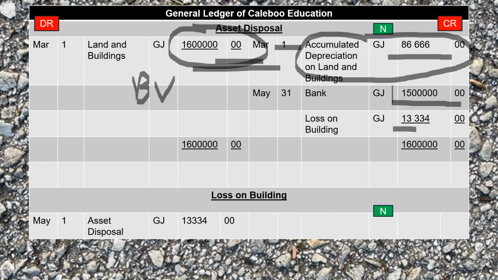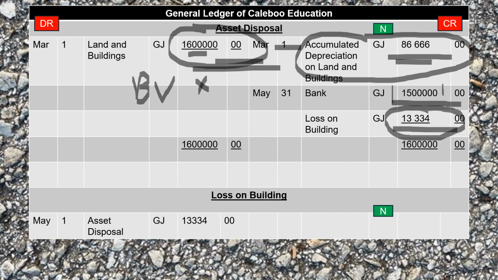That resulted in a loss when you guys did those workings. This amount here, another way to calculate this, if you didn't do the rough workings, is you check which side is bigger, and 1.6 million is bigger than 86,666 plus 1.5 million.